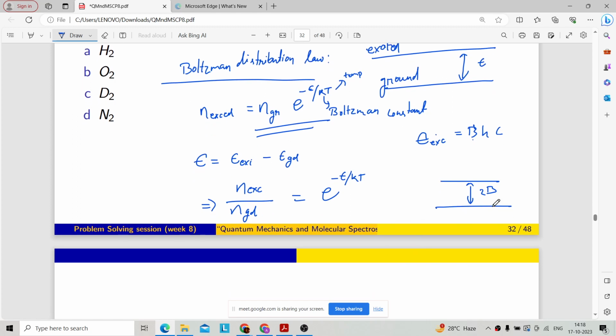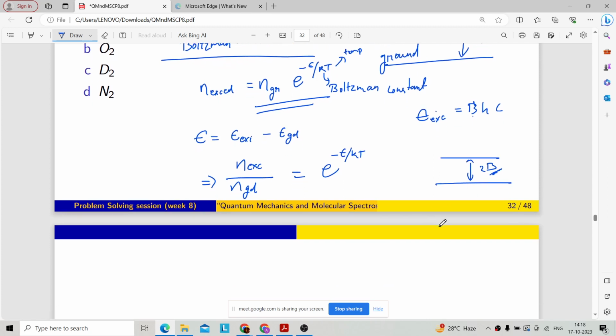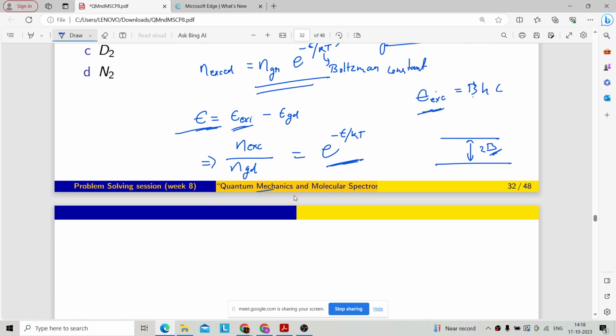So this B defines the energy separation. If B is large, then this epsilon excited will be large. Then the separation will be very large, so this quantity will be very small. If it is small, then the entropy will also be very small.